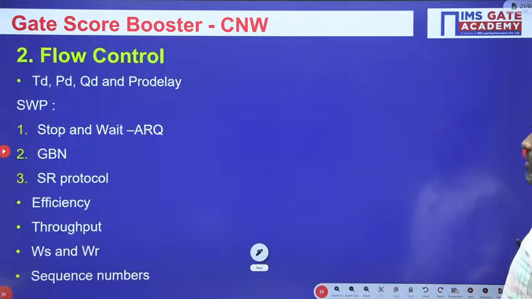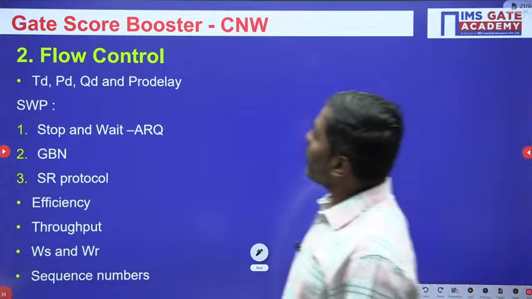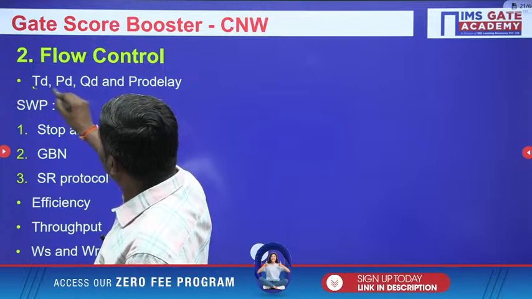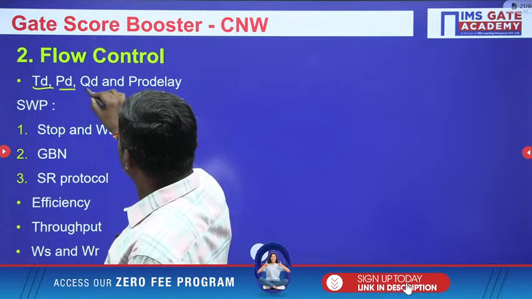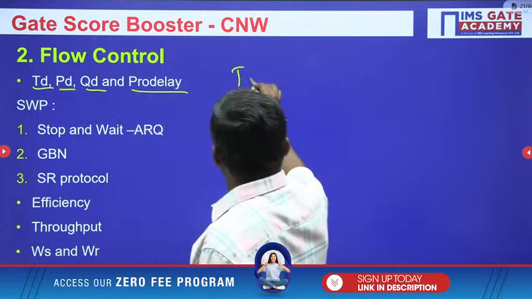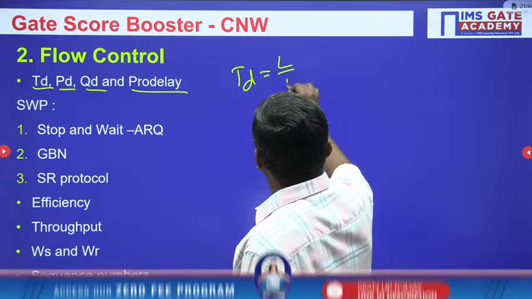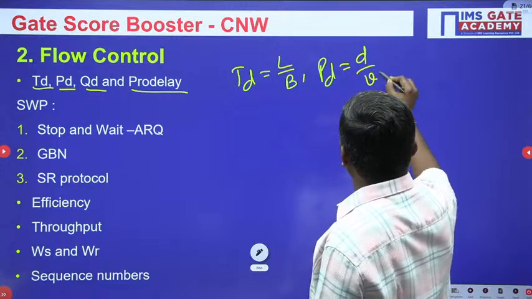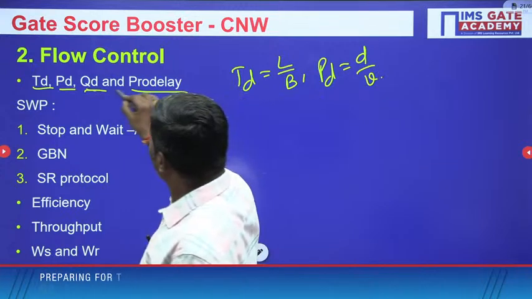Clear? Next topic: flow control. In flow control, you should be aware of transmission delay, propagation delay, queuing delay, and processing delay. Transmission delay is nothing but L by B, correct? Propagation delay is distance by velocity, right? The queuing delay and processing delay depend only on the router speed.